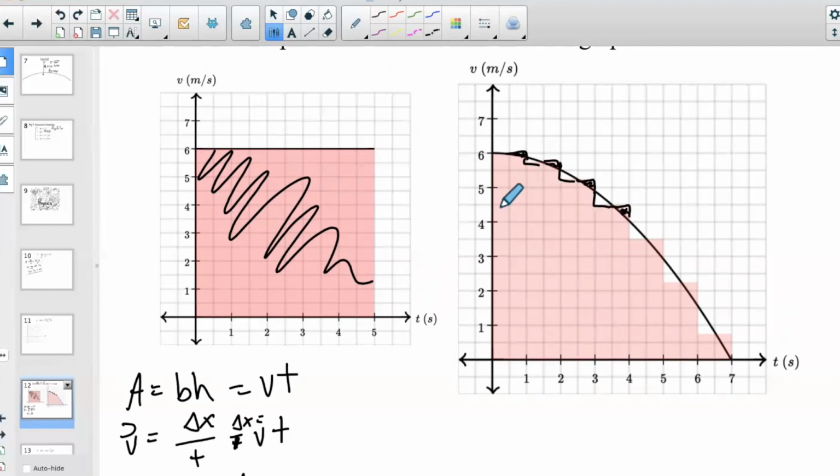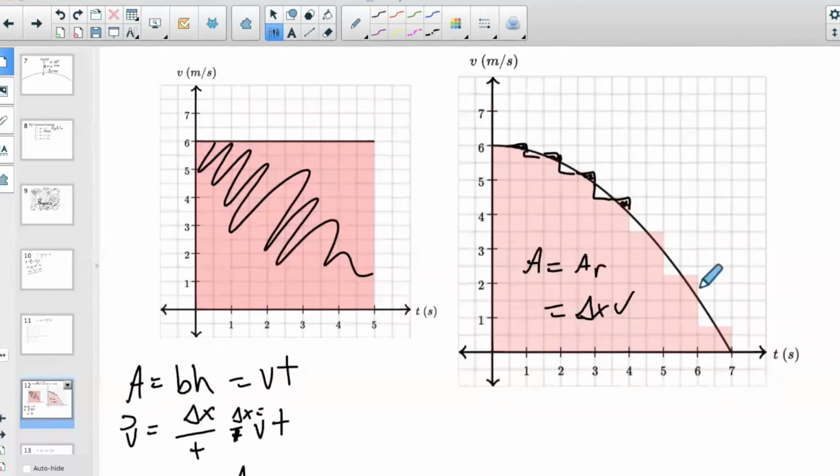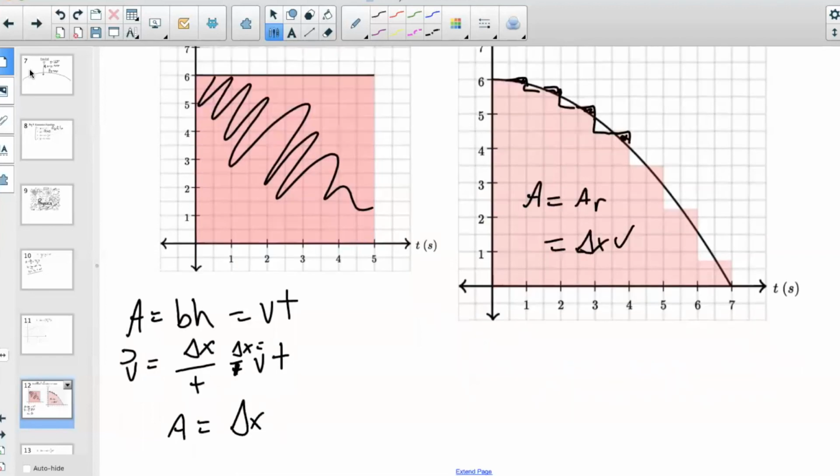But as these rectangles get smaller and smaller and smaller, and the heights are still good up here, you'll better and better approximate the area under that curve. And that basically says that the area under this curve is equal to the area of the rectangles under the curve. And we know that is equal to displacement. If you want to learn more about why this works, this is actually covered under calculus in much better detail. So if you want to learn more about this, take calc.